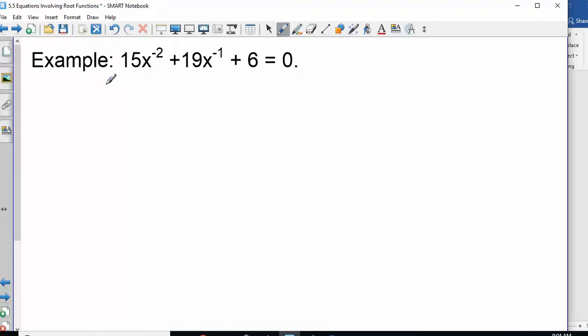How would you rewrite 15x to the negative 2? What's a negative exponent do? Brings it down. So 19x to the negative 1 would be 19 over x. Now what? Put the 6 over 1.